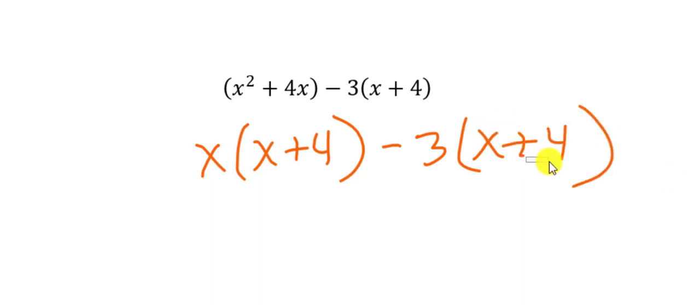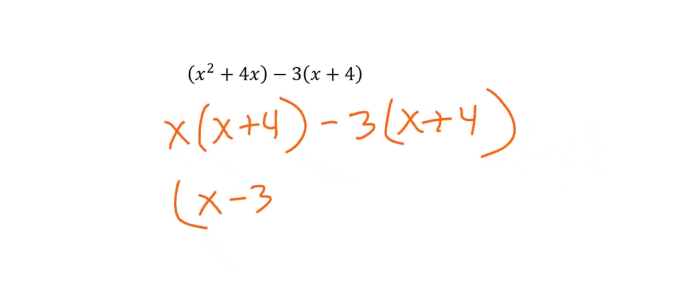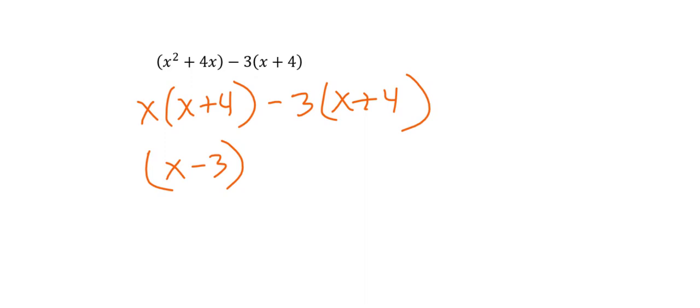I have x plus 4 here, x plus 4 here. So x and negative 3 are being multiplied times x plus 4. So those outside constants, I'm just going to write them here, the variable and the constant here. x minus 3 times x plus 4. Simple enough.